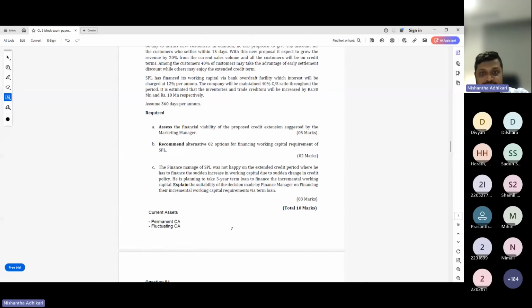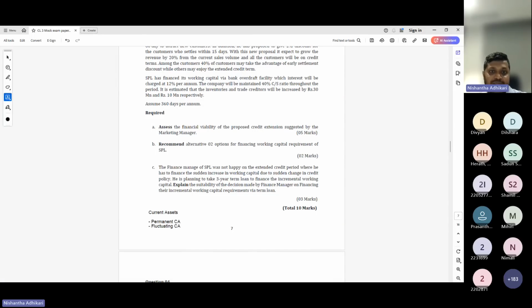If it is a permanent current asset, you should finance it via long-term financing arrangement. If it is a fluctuating current asset, you have to finance it via short-term financing arrangement like bank OD. Either you can obtain short-term loans or use factoring. Those are the ways to do that. Hope you understood that.